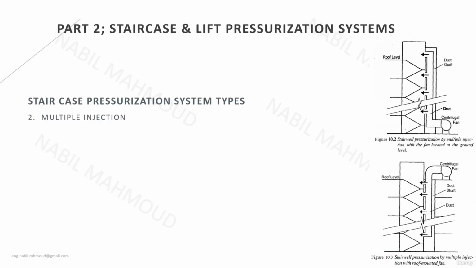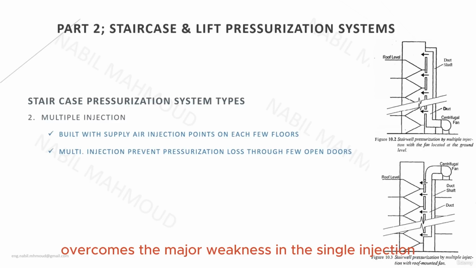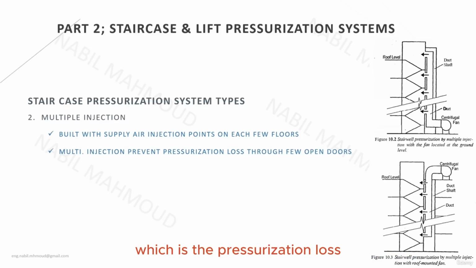Following the single injection is the multiple injection. Multiple injection system is usually built with the supply air injection points that are distributed evenly each floor or each few floors. The multiple injection also has the main advantage that overcomes the major weakness in the single injection, which is the pressurization loss in case of a few doors being open.